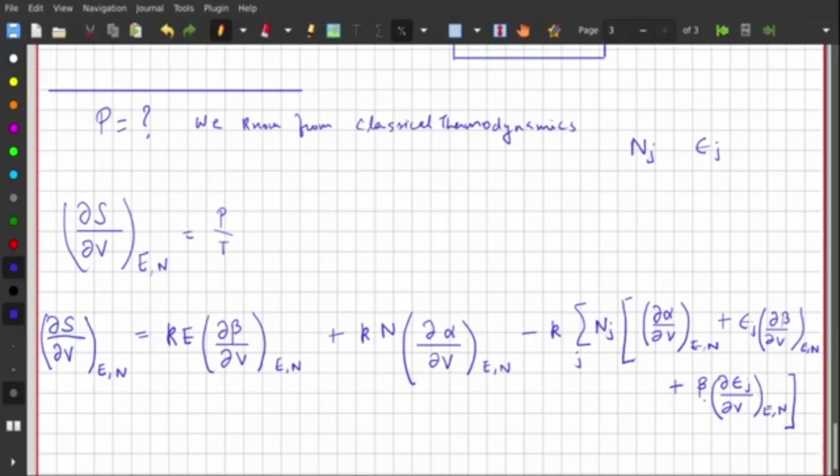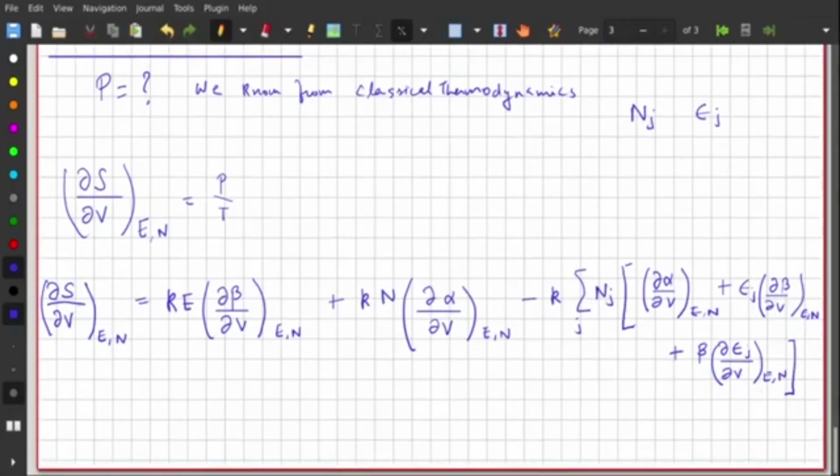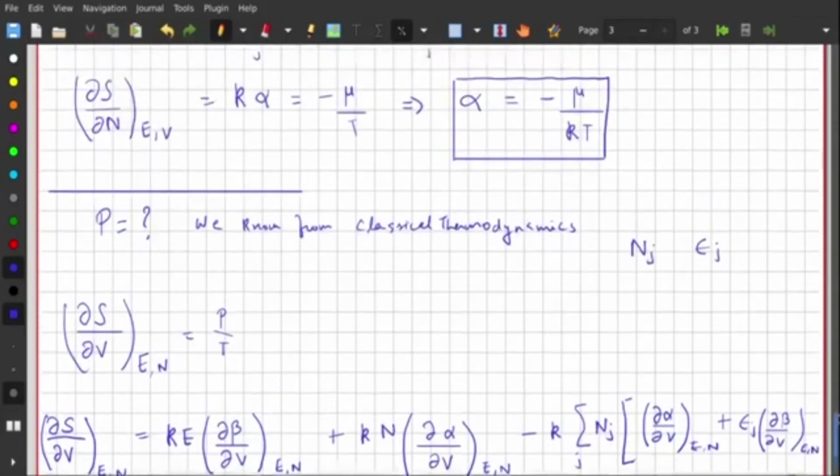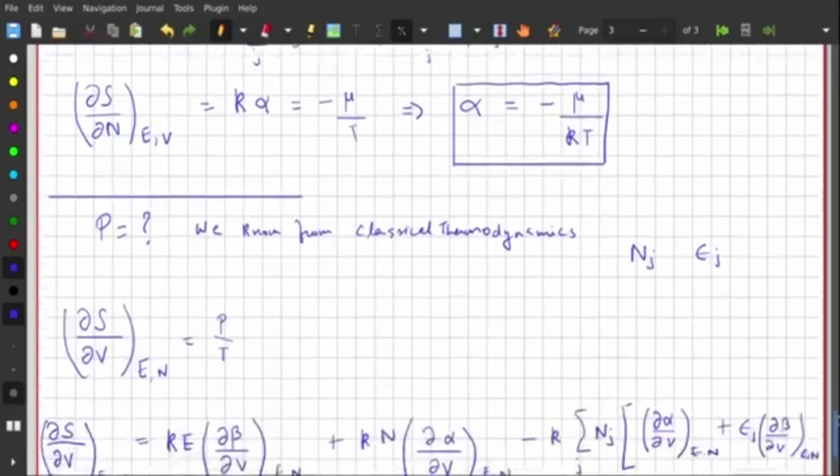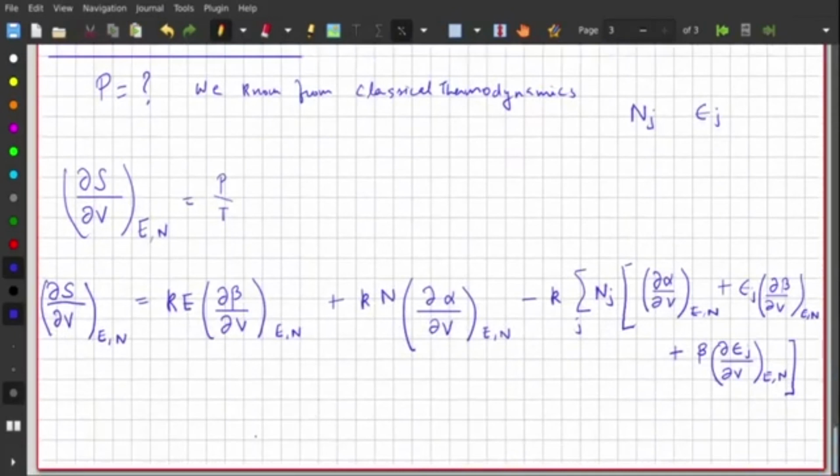Using the same ideas as before, that sum over nj is N and sum over nj epsilon j is E, this expression becomes kN, which cancels this term, and then we have kE partial beta partial V, which cancels the first term. So what we'll be left with is this extra term which we just had.